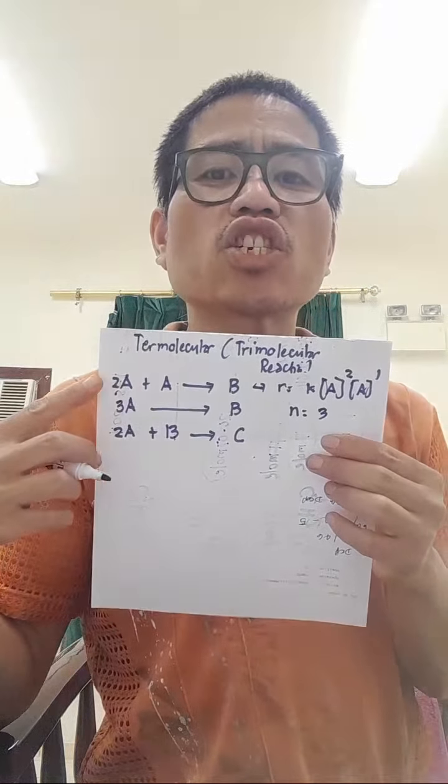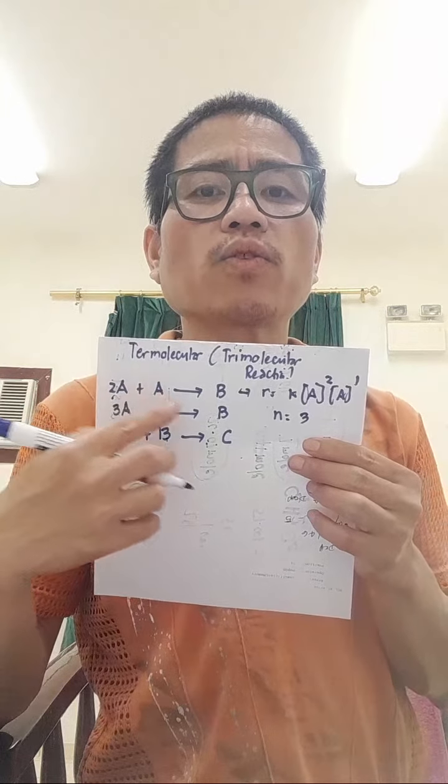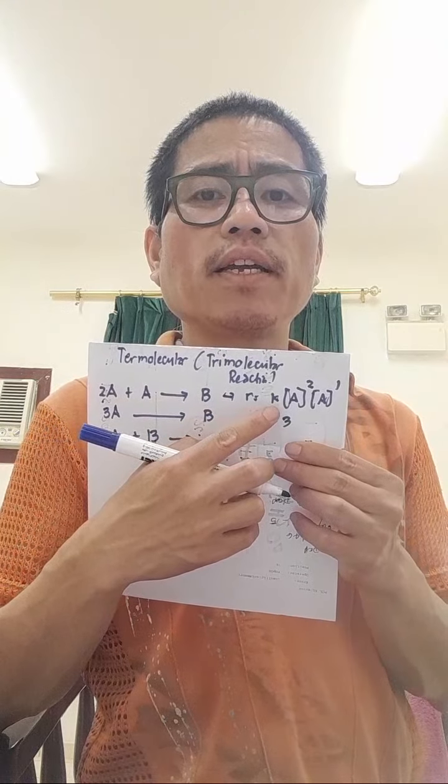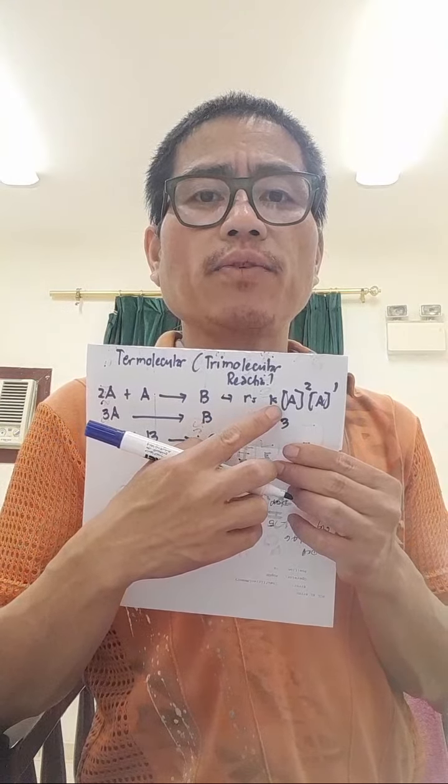Our individual rate for this is K, A2, and A1, so n is equal to 3. For the first reaction, 2A plus A equals B, our rate law will be like this: K, A raised to the power 2 because there are 2 coefficients here, and then A raised to the power 1 because of 1 coefficient here.